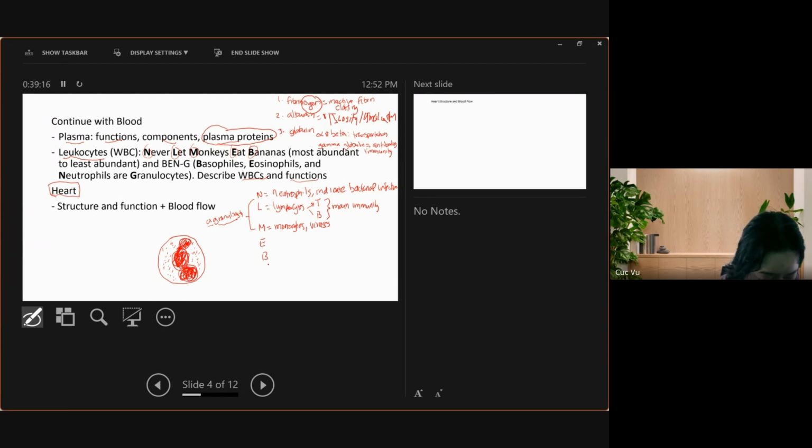For example, basophils have things like histamine and heparin, whereas neutrophils have their own granules, and these granules help to actually destroy whatever they're fighting against, bacteria for example. Lymphocytes and monocytes work by swallowing up the viruses, or they use different mechanisms to destroy, whereas granulocytes use their granules to actually destroy the infection.